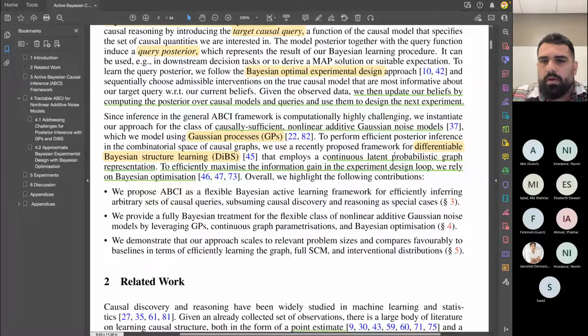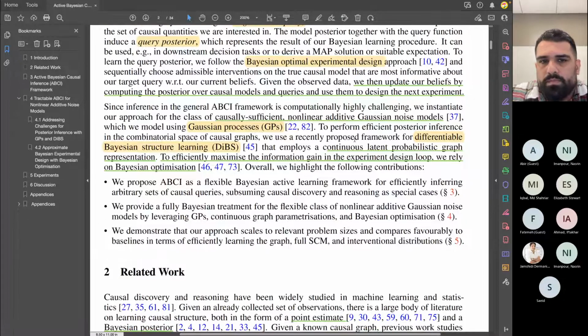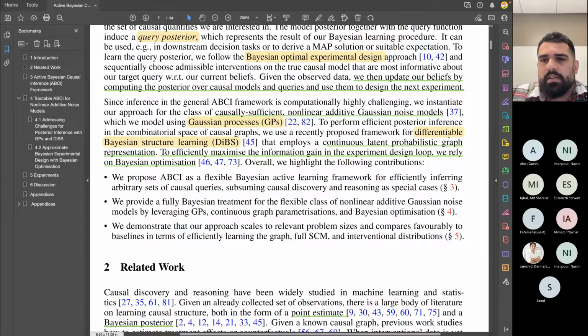They also refer to another work called differentiable Bayesian structure learning, DiBS, and they use part of this DiBS approach in this work as well.